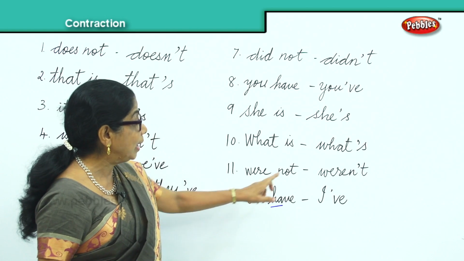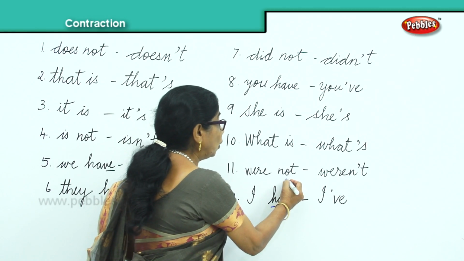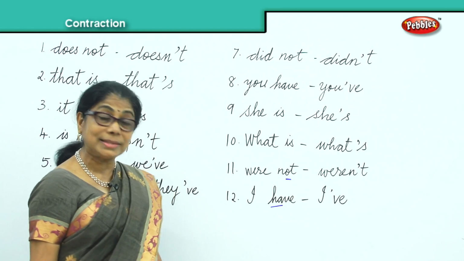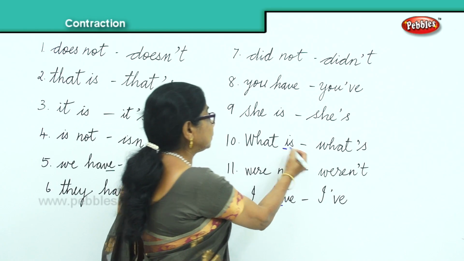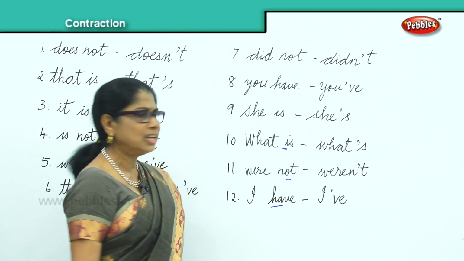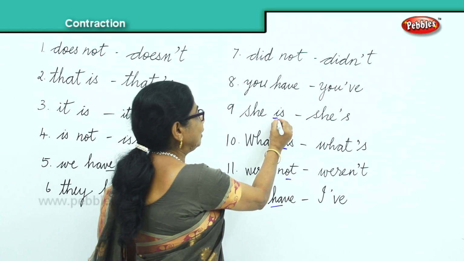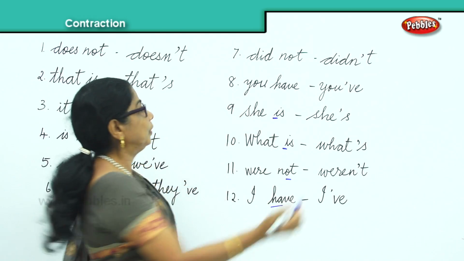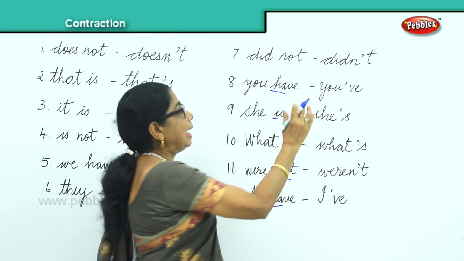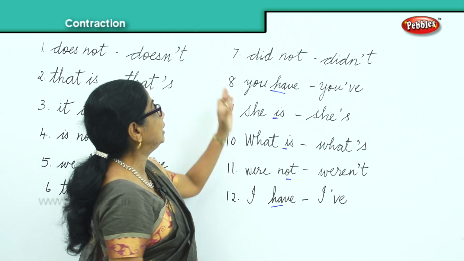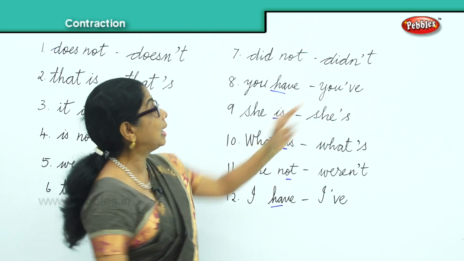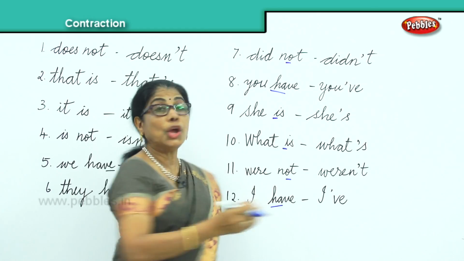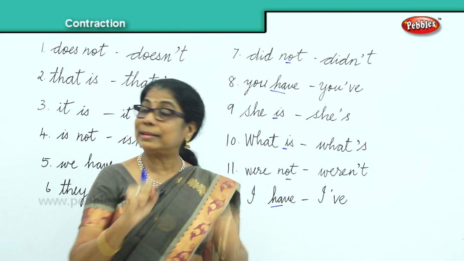And when you say were not, you only take away the O. When you say what's, you are taking away the I. She is, you will say she's. You are taking away the I for contraction. And here you have, you take away HA and just write apostrophe and V. Didn't, you take away O and make the contraction.